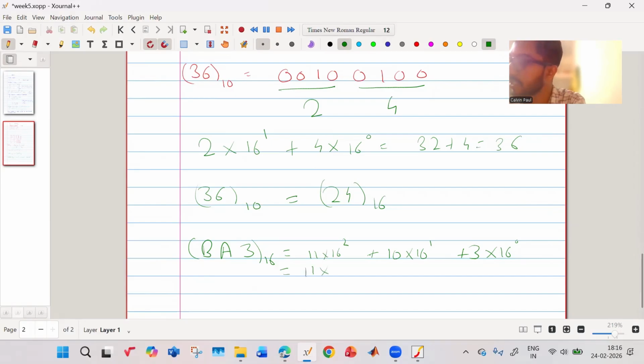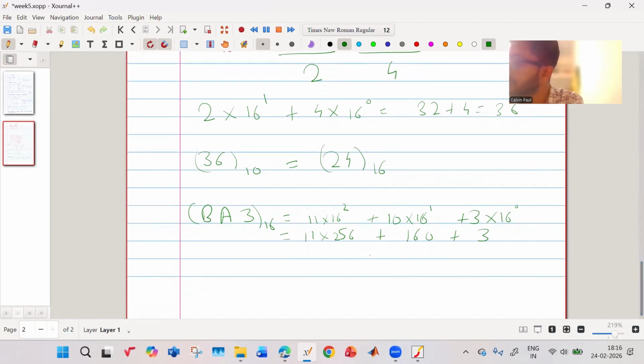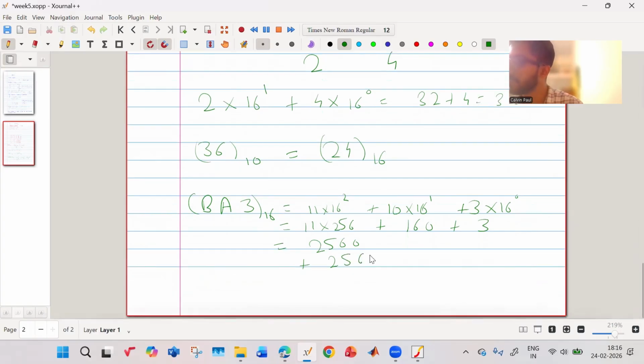It is 256. So it is 11 into 256 plus 10 into 16 is 160 plus 3 into 1 is 3. 11 into 256 is 2816, plus 160, plus 3.